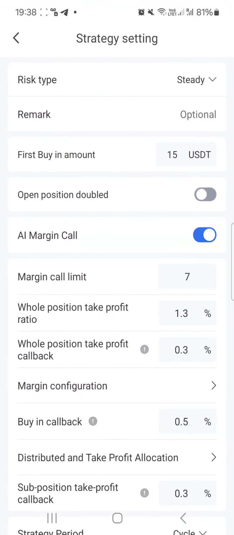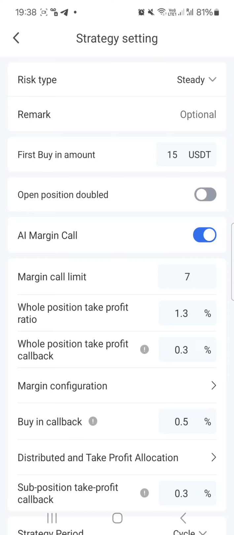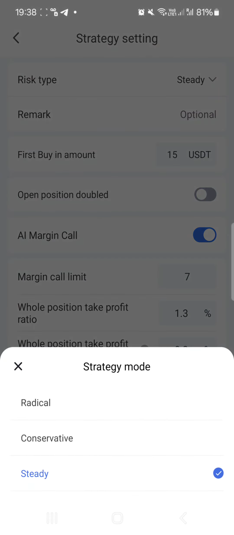When you click on Add, this page will come up. This is the page where you've got strategy settings. There are three options, and you will probably leave it on steady or conservative. So you leave it on either one of those.